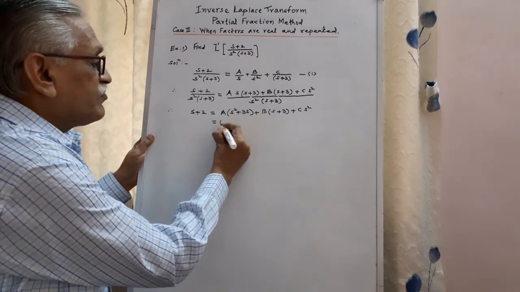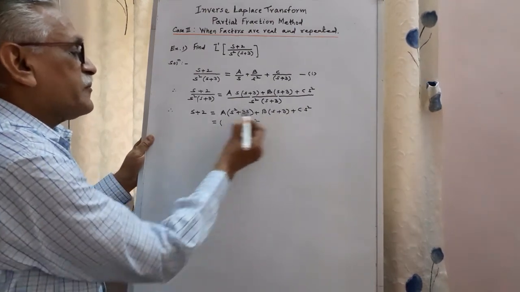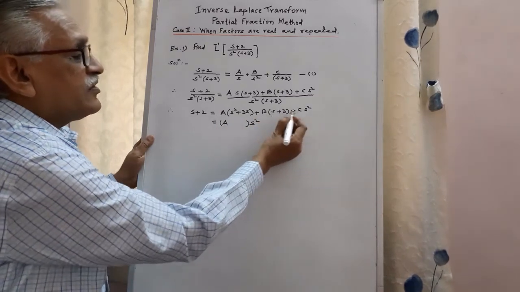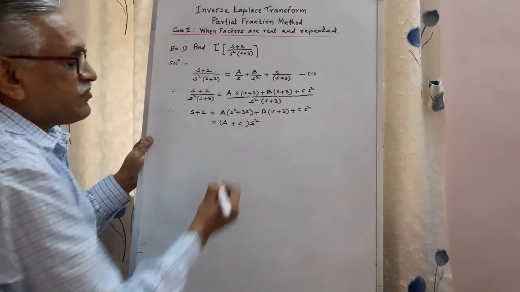Therefore I will take s square common from all these. It is A into s square, so A remains here. It is Bs, and here it is C into s square.